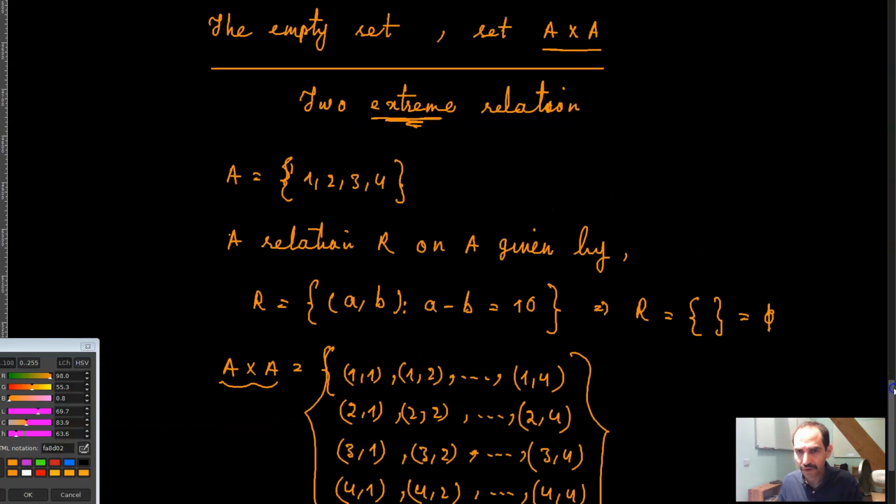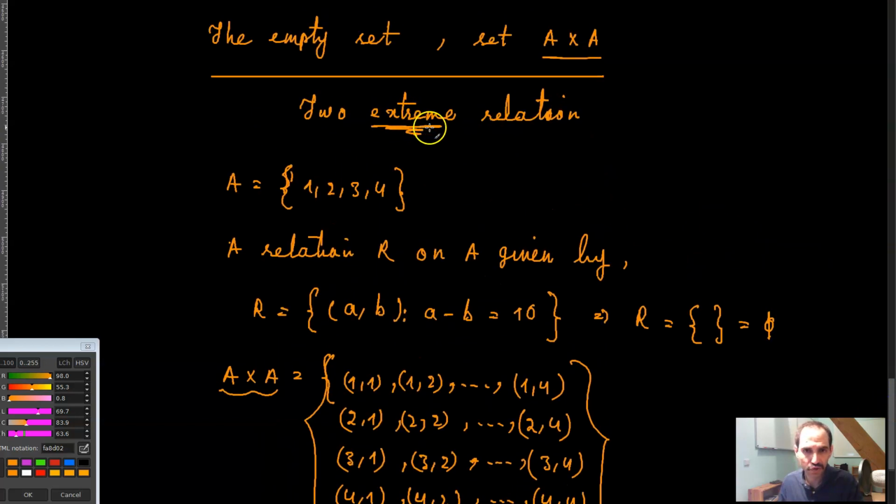So they have called these two extreme relations, meaning that these two relations are located on the two extremes: on one extreme you're getting absolutely nothing, and on the other extreme you are getting all the members all together, right?